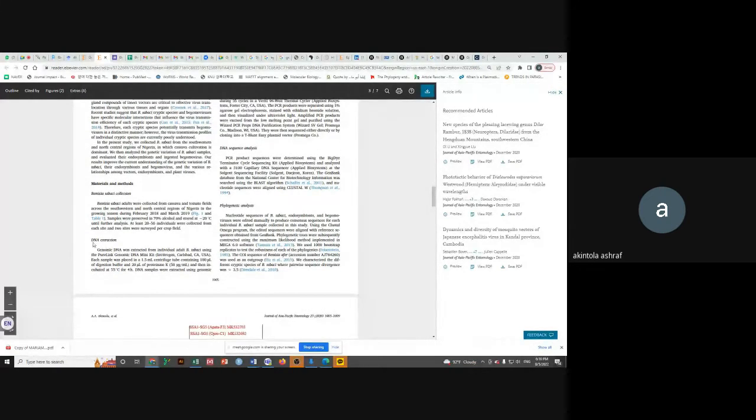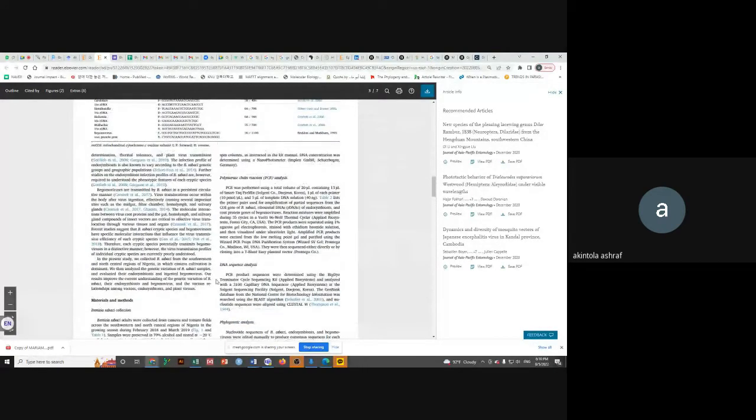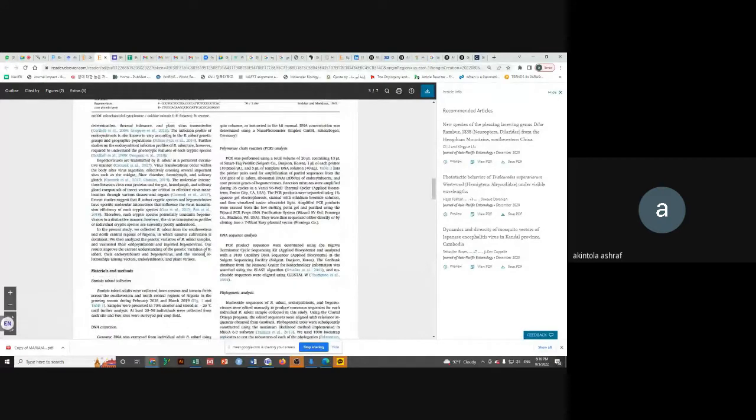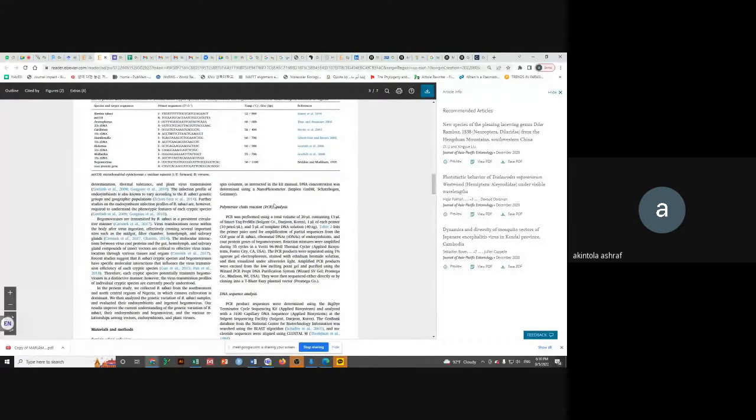And then for those asking about the DNA extraction protocols, this is my own DNA extraction protocol. If you want to follow this protocol, you just read my materials and methods, and then you apply that in your laboratory.